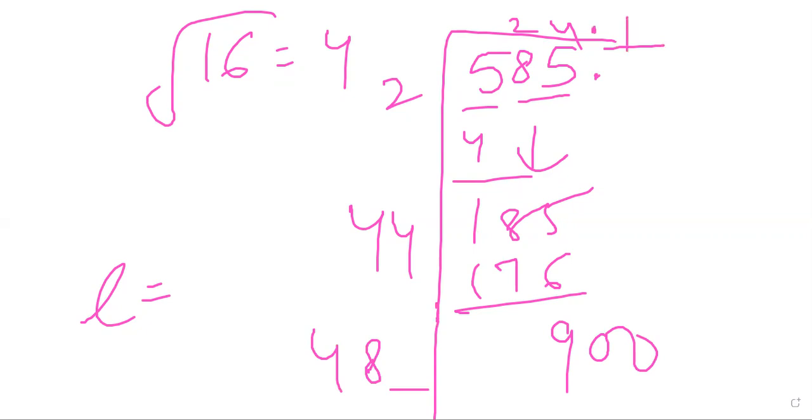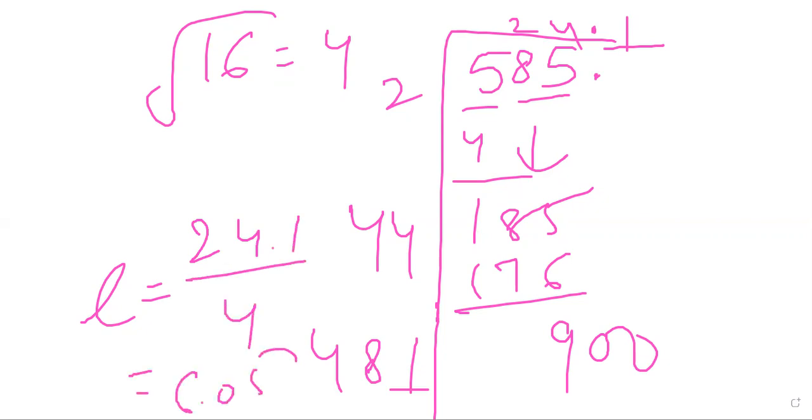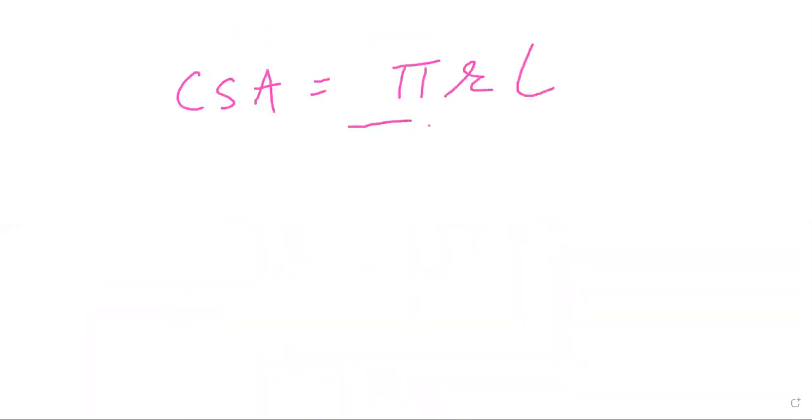So like this we can find the square root of 585, and when we divide it by 4, we get 6.05. After finding the slant height, you can easily find the CSA, which is equal to pi r L. Now we have pi, radius, and slant height. So now we can find the area of canvas required.